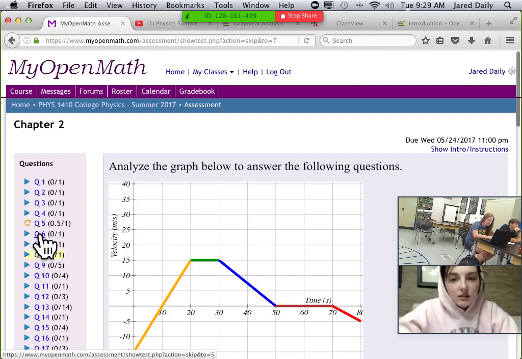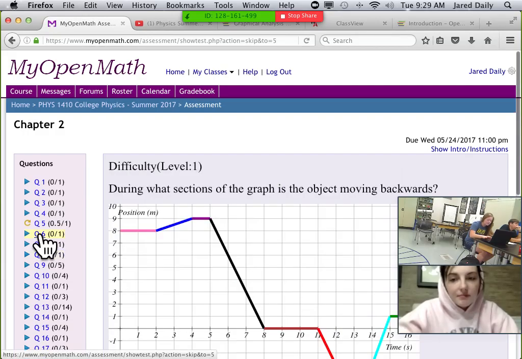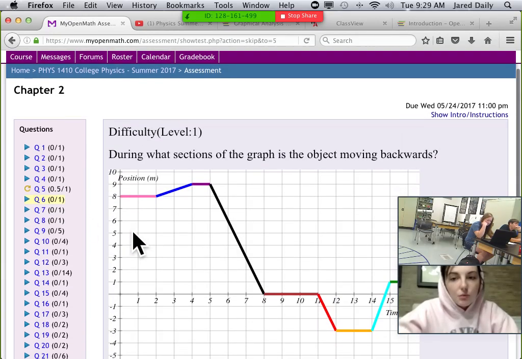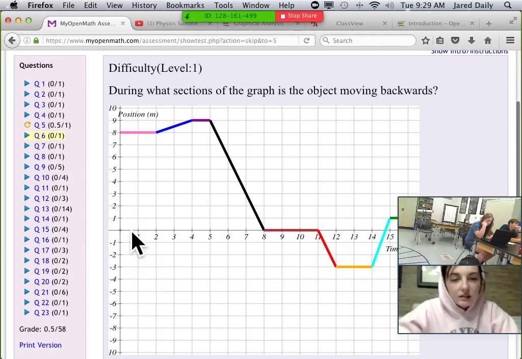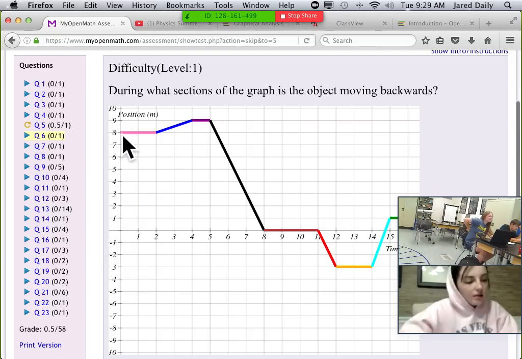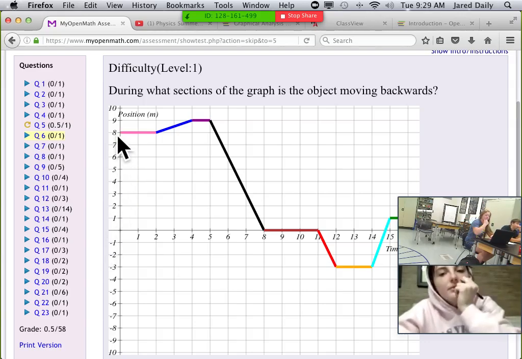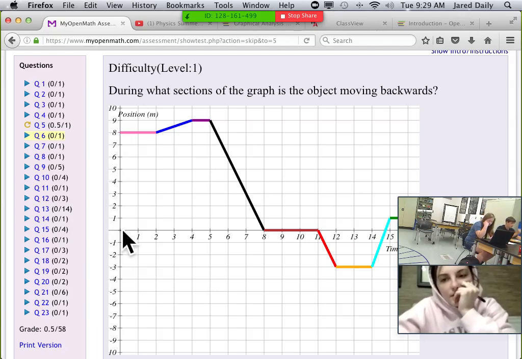Look at number 6 right here. Yeah. Sure. It asks where is the. Okay, so in this case, remember we're looking at a position time graph. So this is the position of the object. So at time equals 0, we're at 8 meters from 0.